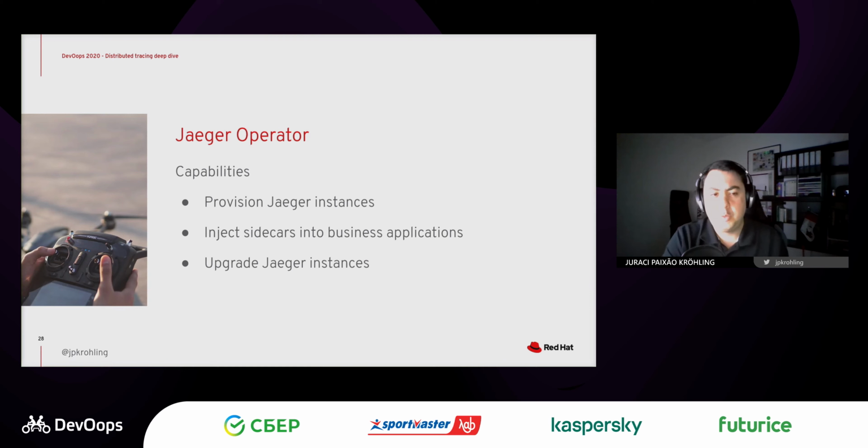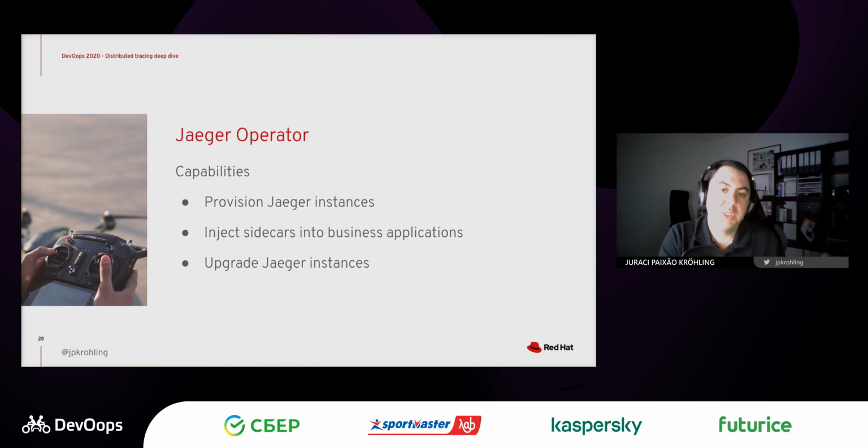Typically the Jaeger operator follows the same versioning as the Jaeger core. So if Jaeger is now on version 1.20, then it means that we have a Jaeger operator 1.20 as well. And then we had a 1.21 release for Jaeger.